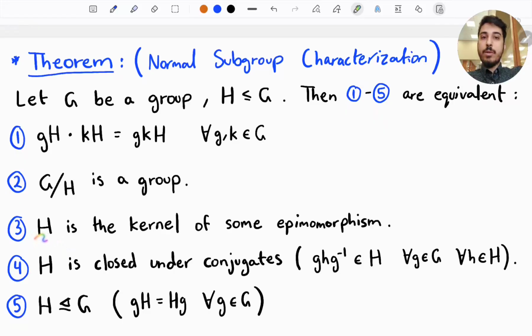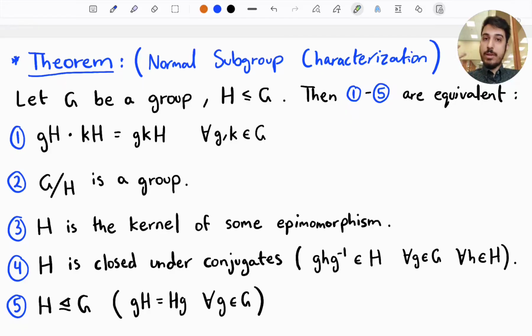The third equivalent statement is that H, the normal subgroup H, is the kernel of some epimorphism. I'd like you as an exercise to try and guess what that epimorphism is. So this is very nice because it allows us to essentially say that all normal subgroups are kernels of some epimorphisms.